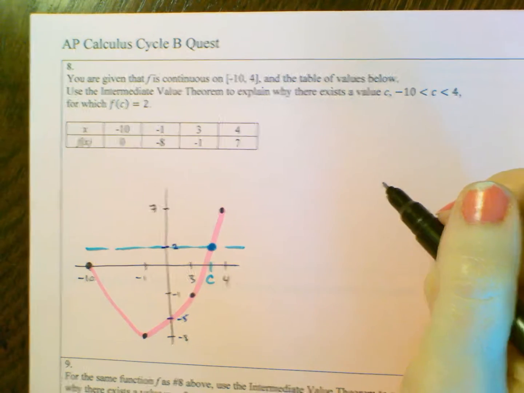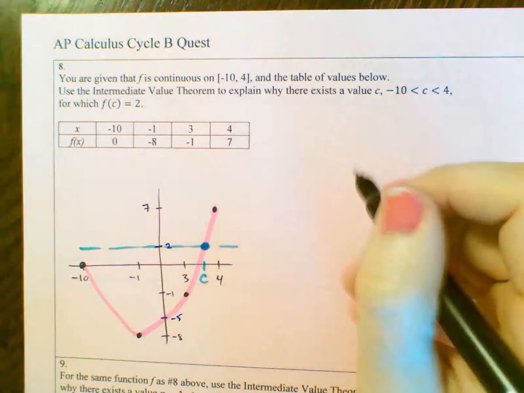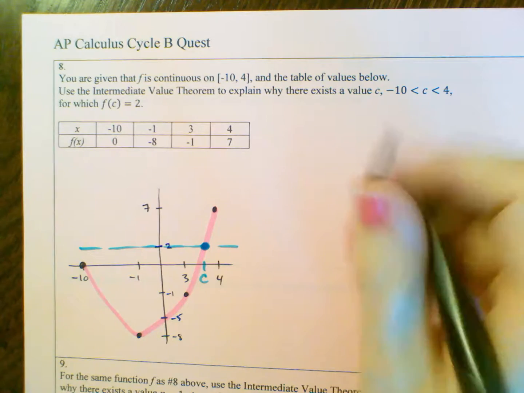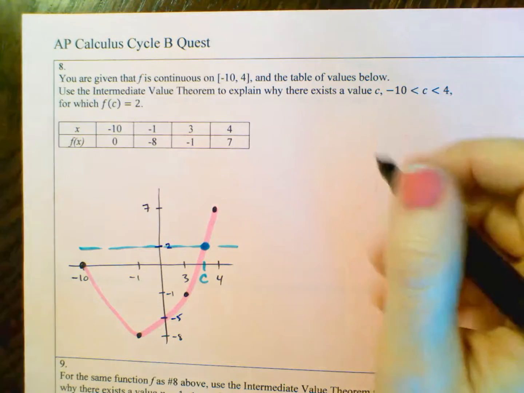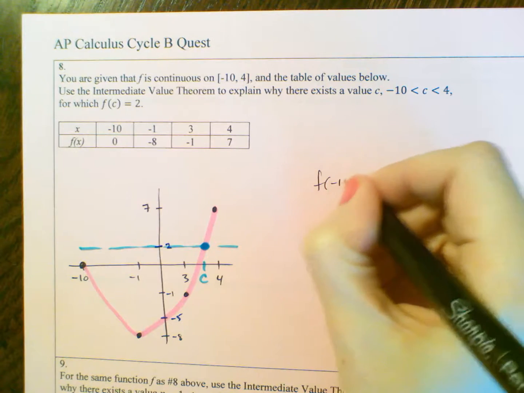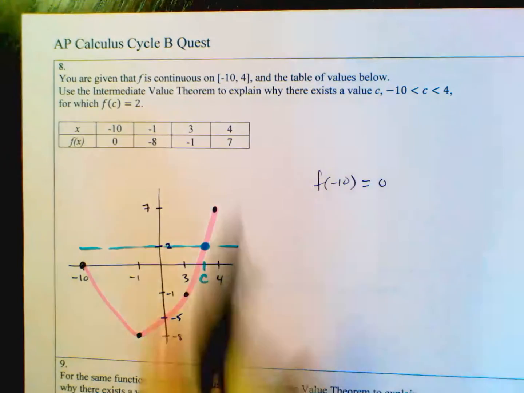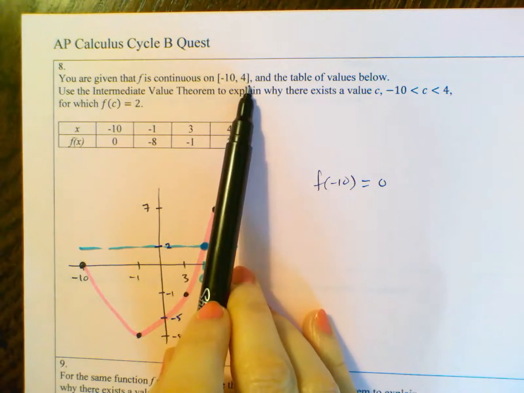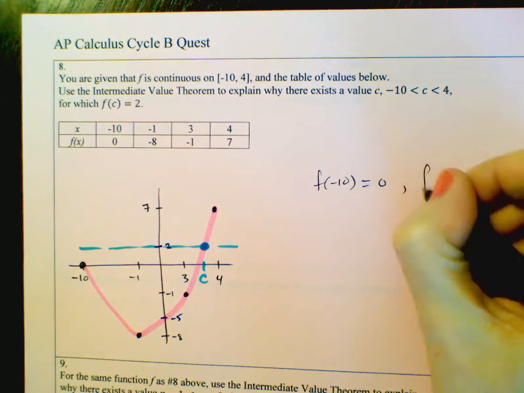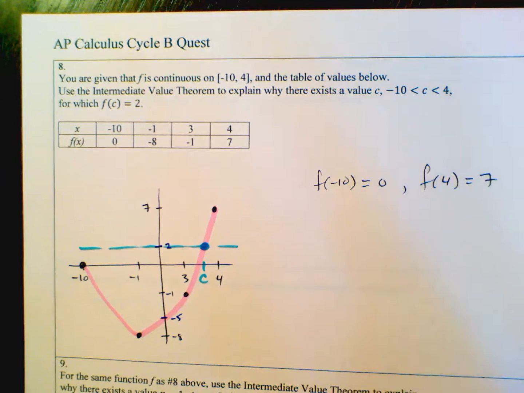So there's a picture, but now let me explain this. I'm going to say that f of -10 equals 0. I'm taking the endpoints and figuring out their y values. So f of -10 equals 0. f of 4 equals 7.